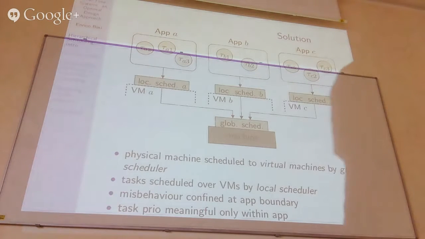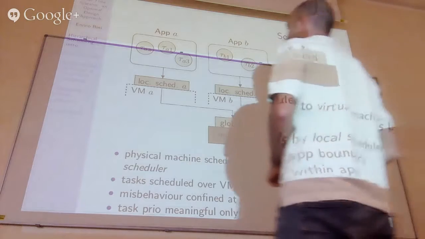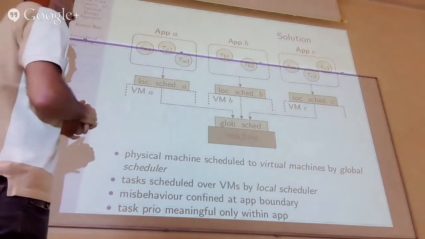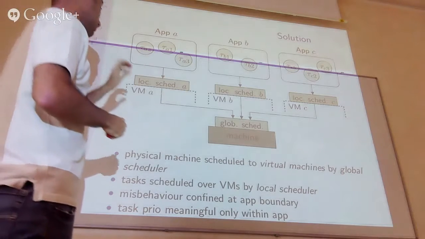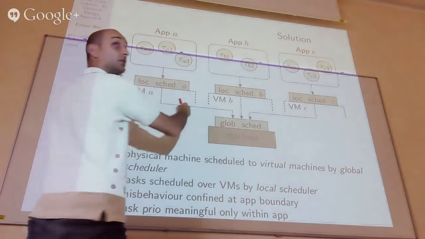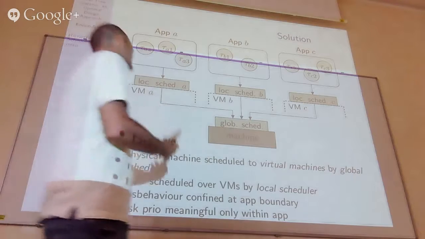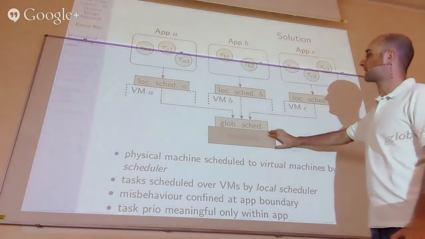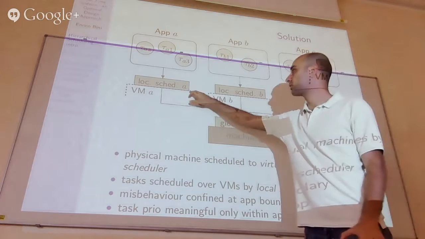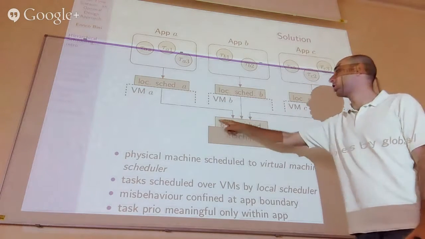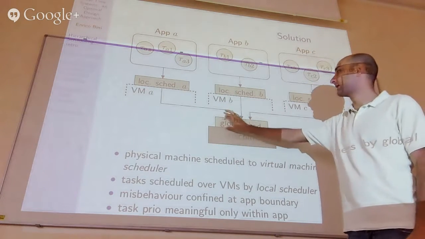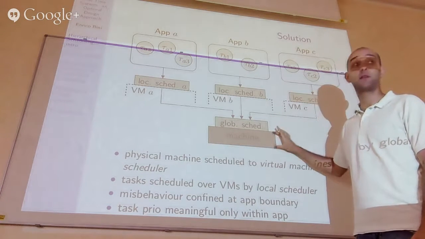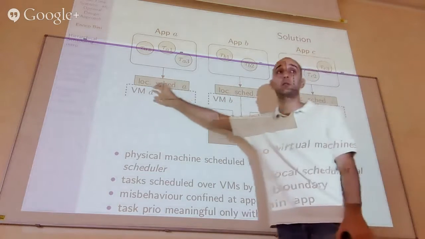A quite common solution in the literature is to introduce the concept of virtual machine. You have the physical machine, which is scheduled to virtual machines by a global scheduler. The global scheduler is in charge of scheduling the actual physical machine to virtual machines.